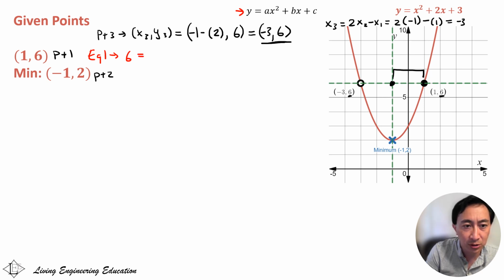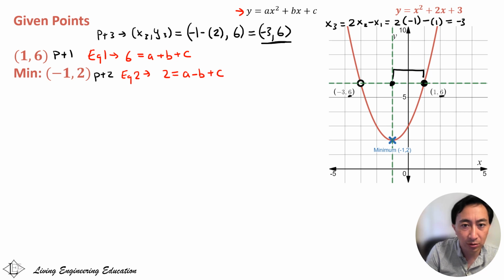A times 1 squared is just A. B times 1 is just B plus C. So there's equation 1. Equation 2, I have 2 is equal to negative 1 squared A, which is just A. B times negative 1, so that's minus B plus C.